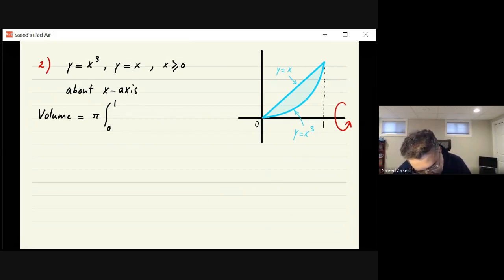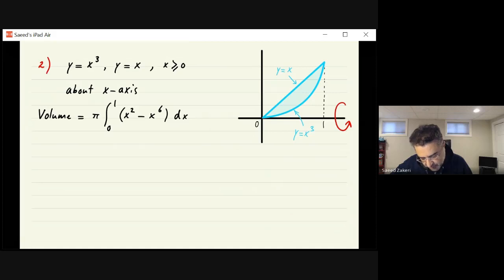The upper function squared, I have to square the upper function, which is x, minus the lower function squared. When I square x cubed, I get x to the 6th dx. So I set up the integral using the general formula that I had. Again, this is like f of x squared, and this is like g of x squared.